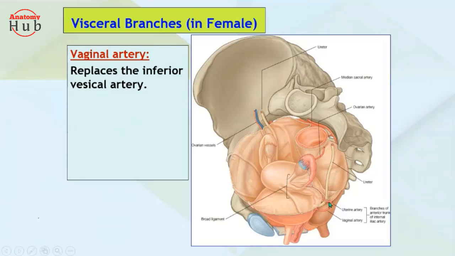So they are just crossing each other. Here the ureter and the uterine artery are crossing each other, right? So during the hysterectomy, if the doctor is confused, then the doctor may cut the ureter and ligate it, and the artery will be preserved.